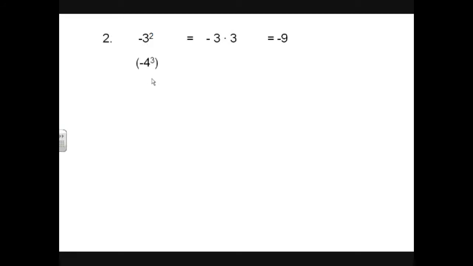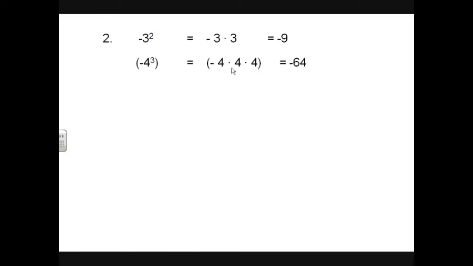The next example, we have parentheses around this, but a lot of people want to say that this is negative 4 times negative 4 times negative 4. But even though these parentheses are around it, this is really still just negative 4 to the third power with this negative sign staying on the outside, and then 4 times 4 times 4, giving us an answer of negative 64. Now, had this 3 been on the outside, the answer still would have been negative 64.